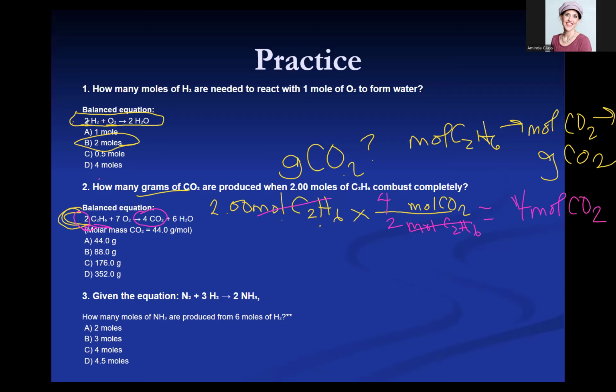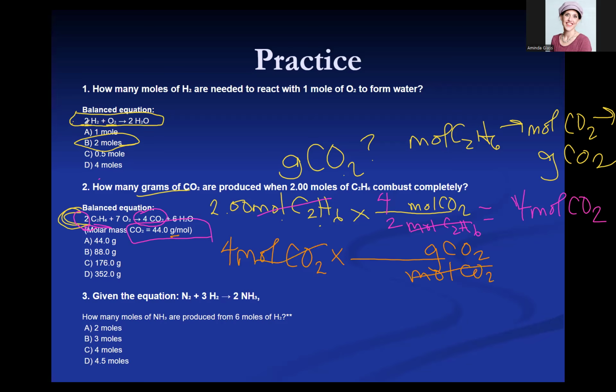Now that I have my moles of CO2, I can go to grams. And look, this was so kind. It gave us the molar mass already. So I don't even have to calculate the molar mass. I have 4 moles of CO2 times, I want to go to grams of CO2. I want to get rid of moles CO2.